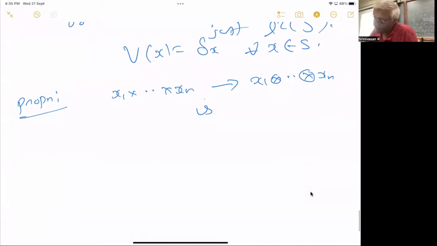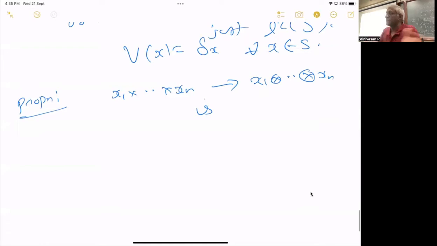So V of this is equal to alpha of x1 tensor up to xi tensor up to xn plus x1 tensor up to x'i tensor up to xn.